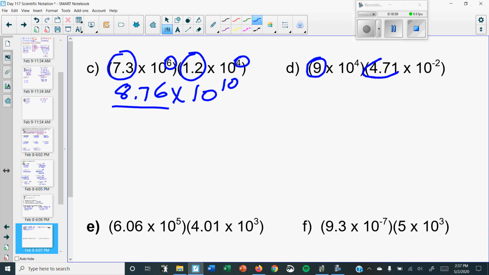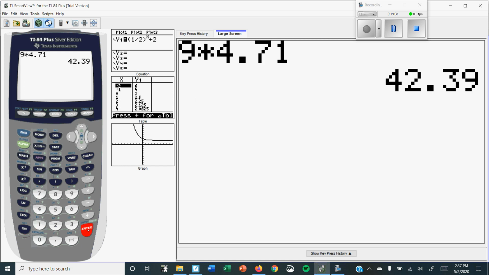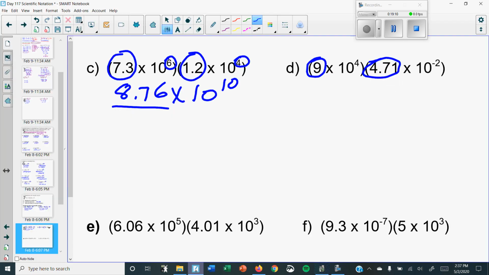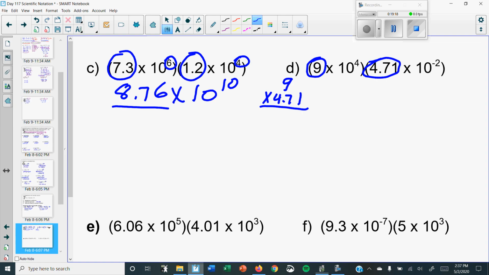9 times 4.71. So when you do that on your calculator, 9 times 4.71, you get 42.39. And again, I forget which teachers want you, but sometimes you actually do need to show the work. Again, my students, I don't care. 42.39.